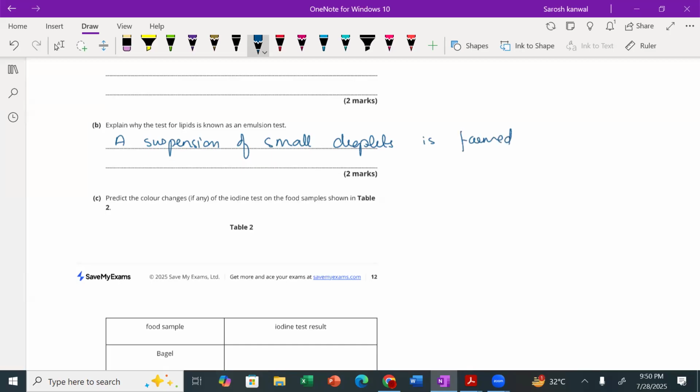First, this reason, then we can say that lipids come out of solution because they are insoluble in water, right? And you can also state that the solution turns cloudy. That is also correct.